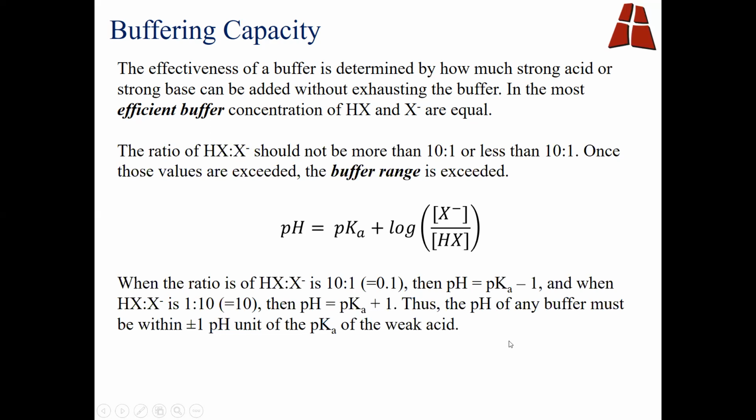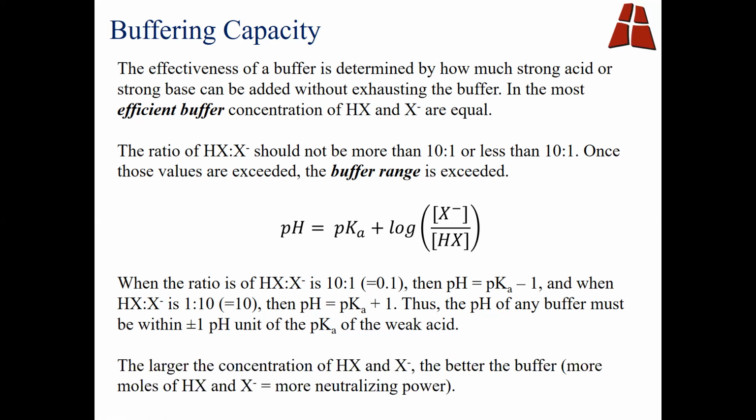And so what that means is that if we want to make a buffer, our buffering capacity needs to be within a range where any pH we want to be at is within 1 pH unit of our pKa. So for example, if our pKa is 4.84, then we would not want to exceed 5.84 or 3.84 as far as our buffering capacity.